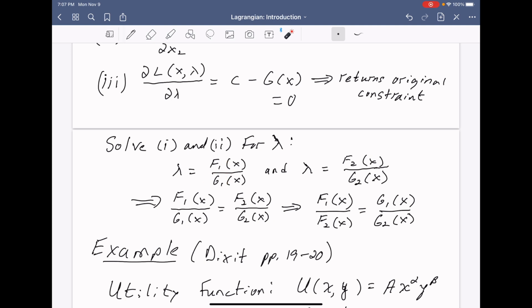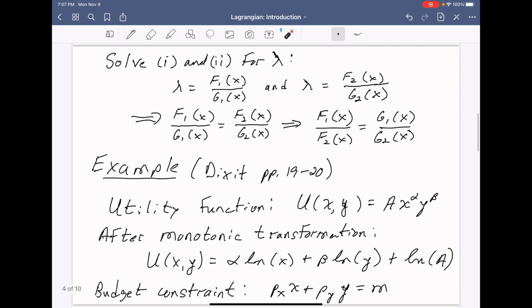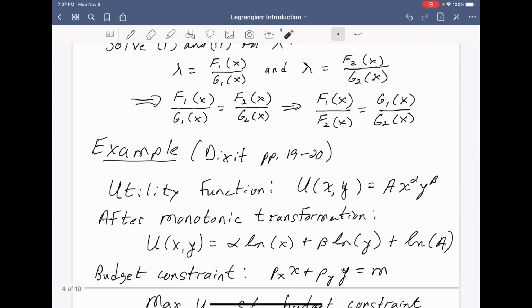So this gives us the result that f1 over g1 equals f2 over g2, simply setting this and this equal because both sides are lambda. And we can rearrange this so that we get the ratio of f1 over f2 equal to the ratio of g1 over g2 in optimality. These results are found back in chapter 1 of Dixit.